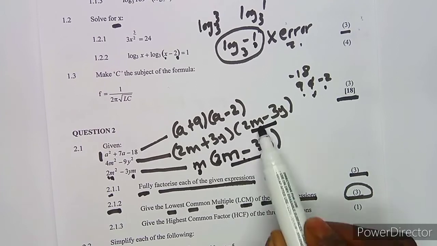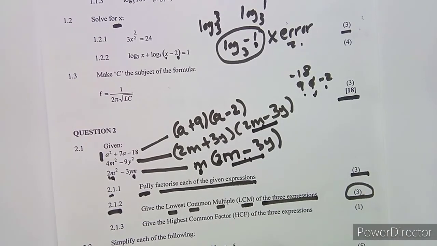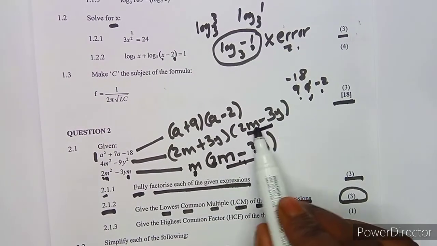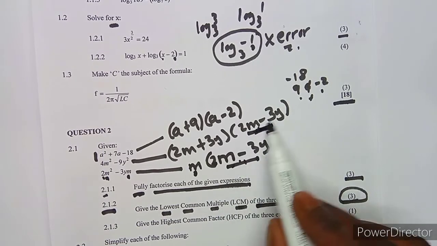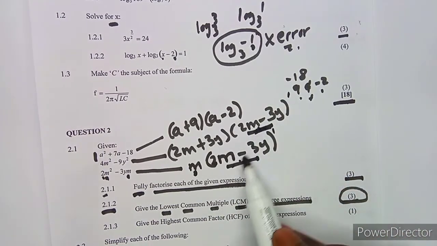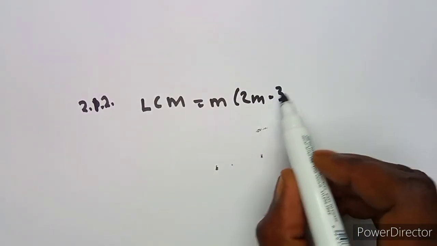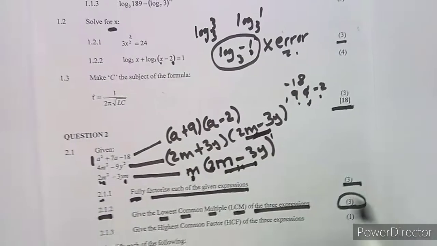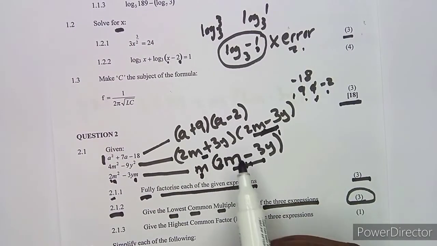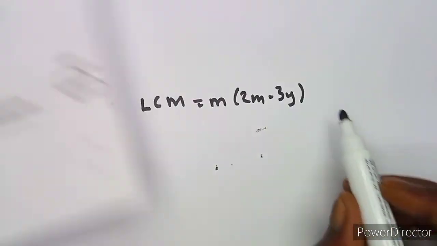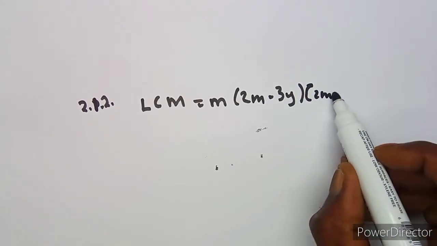So you just write it once because it has the same value or the same exponent here. So you just write it once. So this is going to be 2m minus 3y like this. And we've got 2m plus 3y, and these two brackets also. So you're going to just write those as they are.